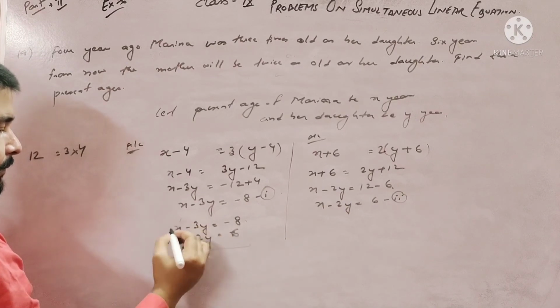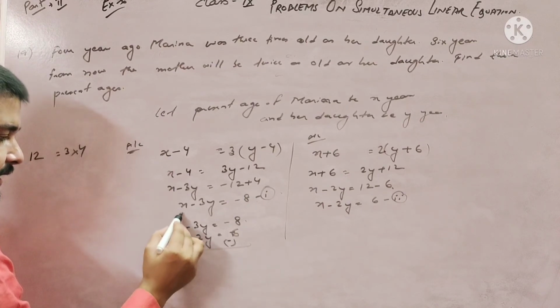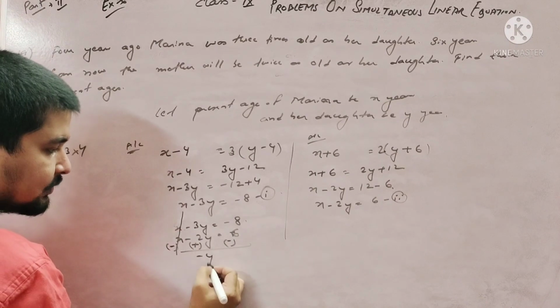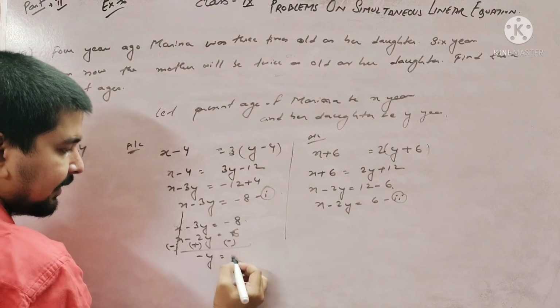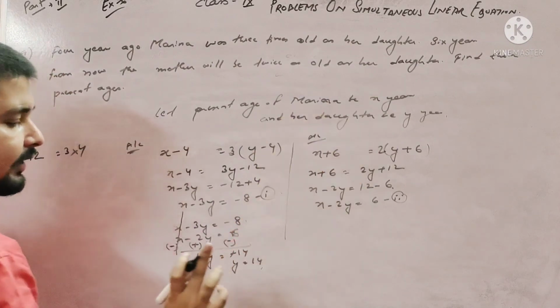Subtracting, the sign gets changed. During subtraction the sign changes, x cancels, minus 3y plus 2y is minus y, and minus 8 minus 6 is minus 14. So y equals 14. That means her daughter's age is 14.